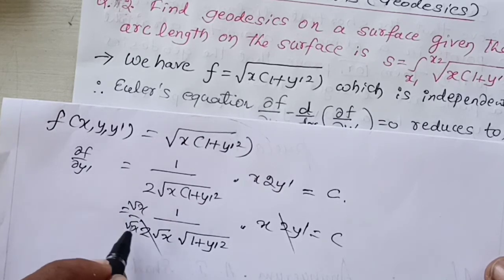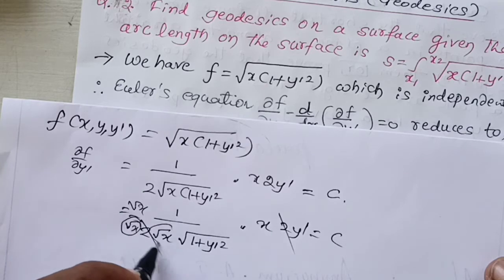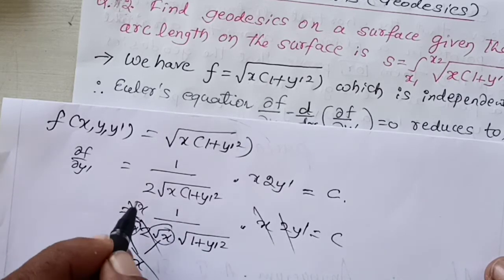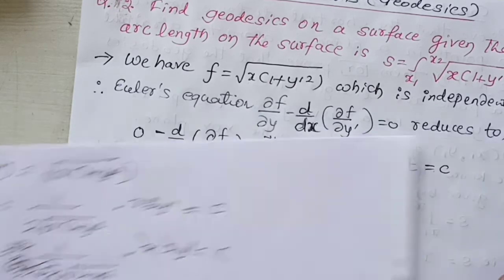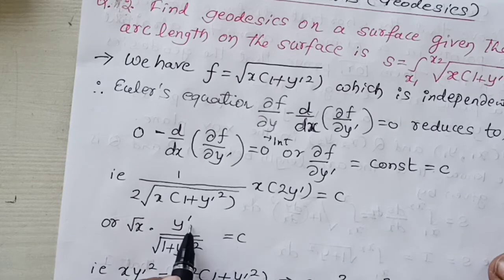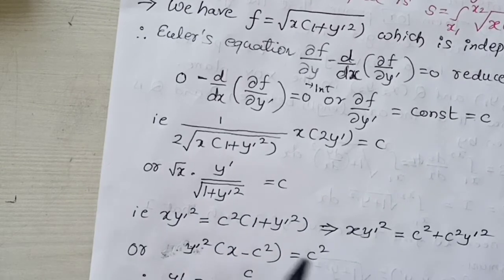The 2s get cancelled, and root x into root x becomes x. So x gets cancelled, and root x remains. So it is root x y dash divided by the square root of 1 plus y dash square, equals c.